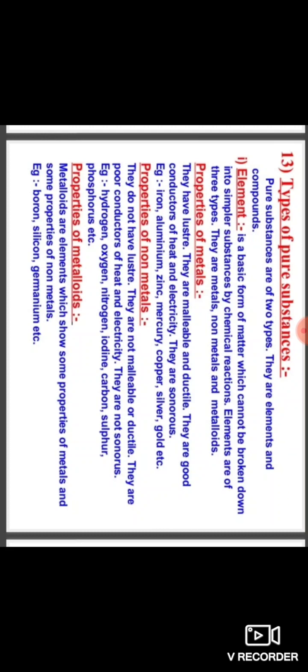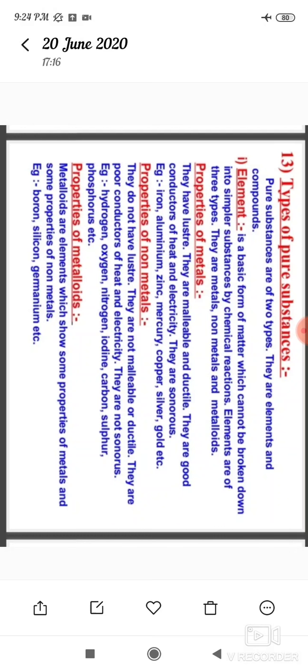They take both the characteristics of the metals and non-metals, so they are called metalloids. For example, boron, silicon and germanium are examples of metalloids.